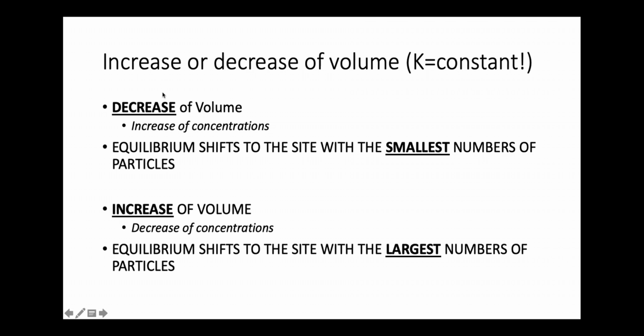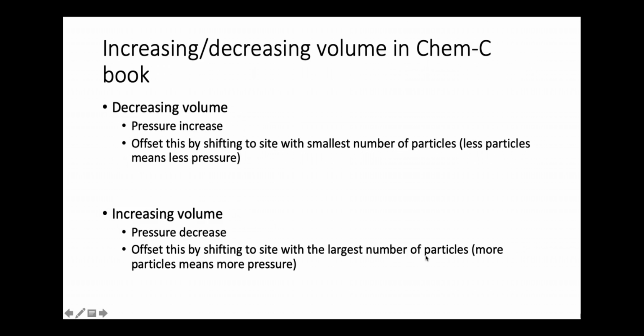You see: decrease, smallest, increase, largest. The book talks a little bit about pressure. When I decrease the volume, there are more particles in a smaller area, so there's an increase of pressure. The system will offset that and goes to the other side, to the side with the smallest number of particles. It's the same explanation as what I just showed you, but in a different way. If you're interested, just read about it in the book.